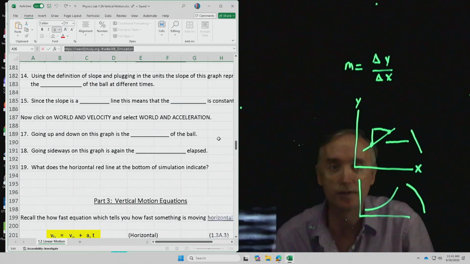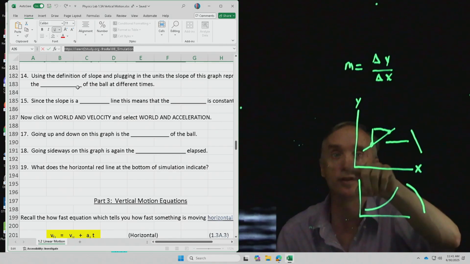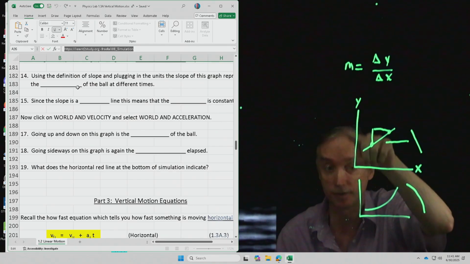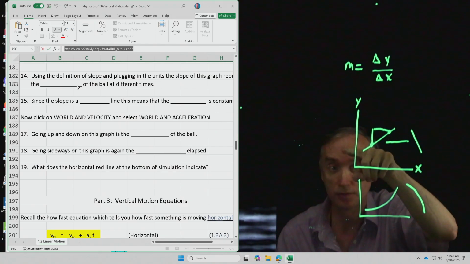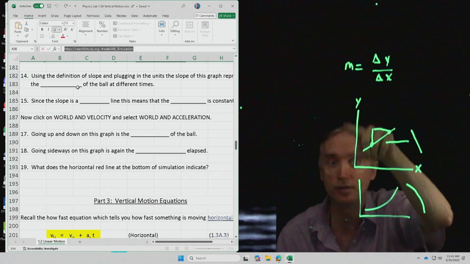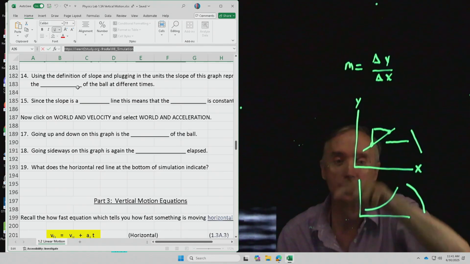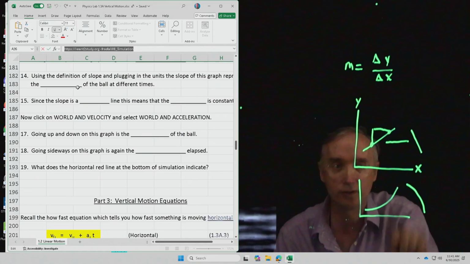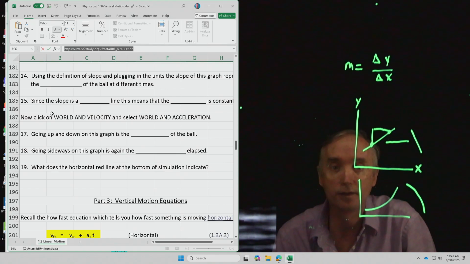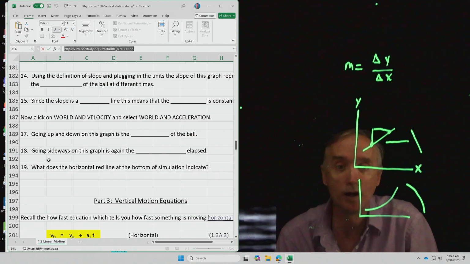Okay, now we're going to use the definition of slope, and we're going to plug in. Now the units for the up and down part are going to be different this time. So we're going to take those official metric units for the up and down part and then divide it by the official metric units for the sideways part. And the question then is, what does the slope represent?